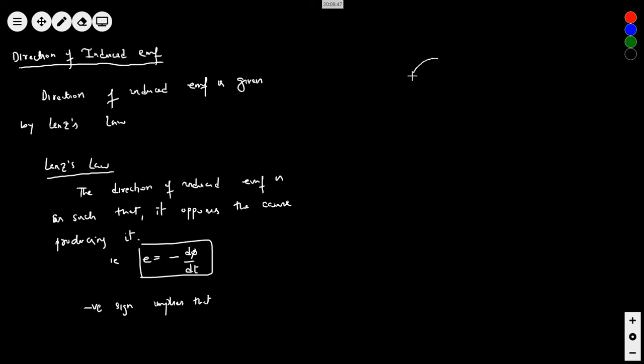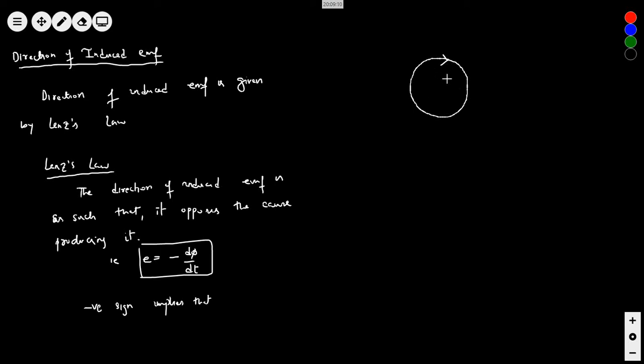I'll give you a single coil. Before I proceed, let's look at this coil first. A coil has two faces, the top and the bottom face, right?